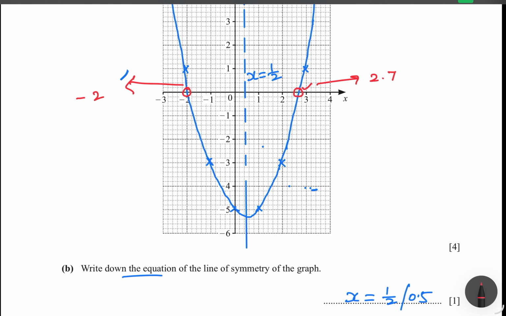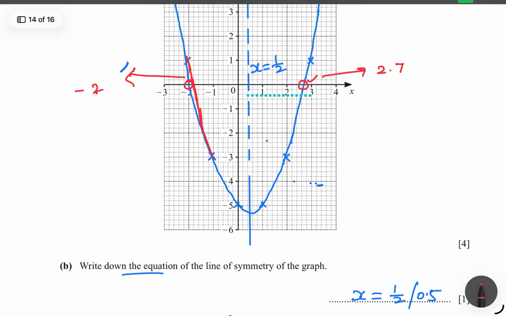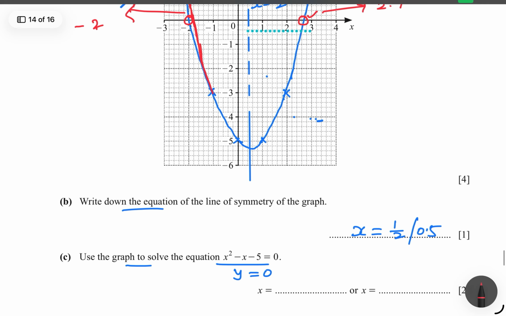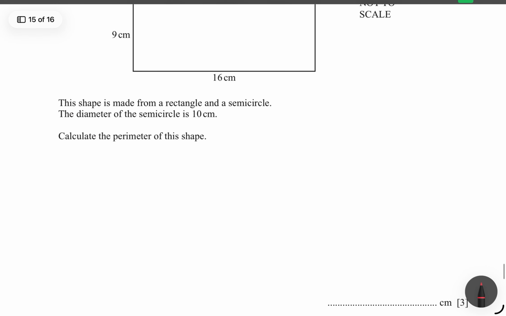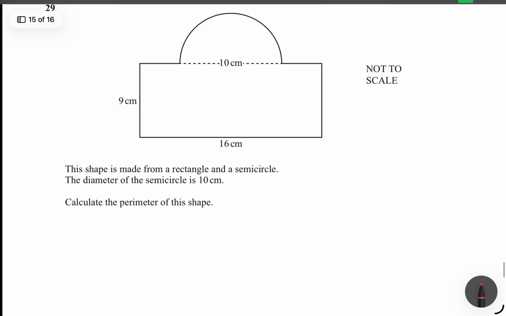Yours may be a bit different, it depends, because I have drawn a bit on the top when joining the points, which makes it a little different. Actually it is supposed to be around 1.9. I have made this mistake, so it can be negative 1.9, and this one is 2.7.